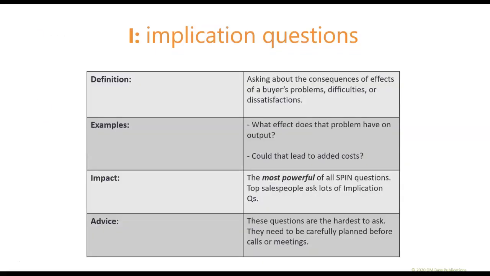So these are the most powerful because you're not only bringing up the pain point, but you're emphasizing, not only is there a problem, but this is the impact of that problem. And so it's really important that you plan these questions so that you get the wording or phrasing right.